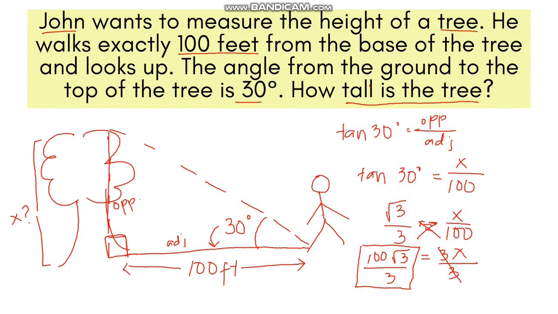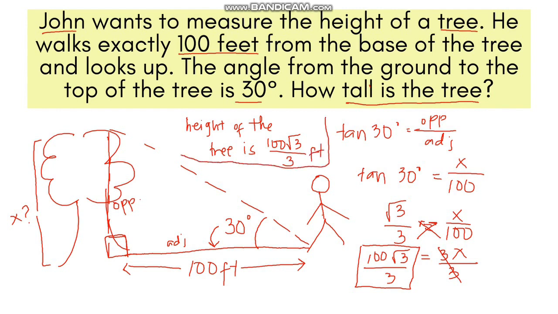So let's write here: the height of the tree is 100 square root of 3 over 3 feet. Then this will be your final answer.